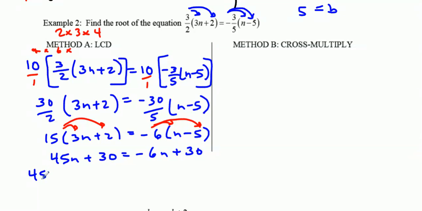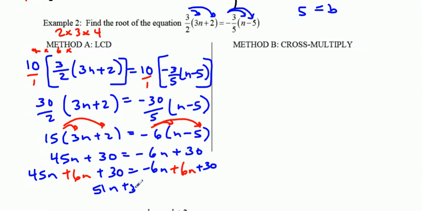So this is going to be 45n plus 6n plus 30 equals minus 6n plus 6n. So I'm getting rid of the minus 6n on this side. Okay, let's clean this up. So this is 51n plus 30 equals 30. That's interesting.